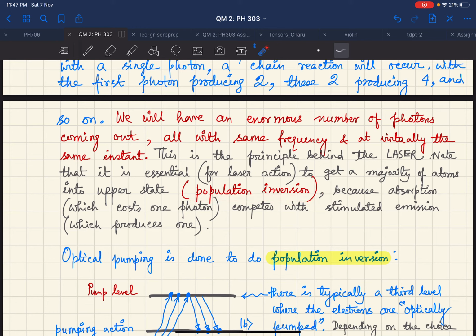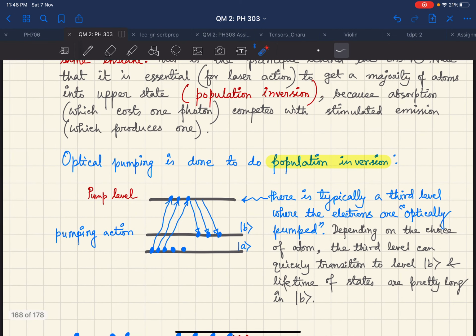So you will ask, how can I actually do population inversion, or in other words, how can I put so many atoms in the higher excited state? The method by which it is done is known as optical pumping. Of course, we cannot go into the engineering details of these processes, but roughly speaking, there is typically a third level where the electrons are pumped using this optical pumping action.